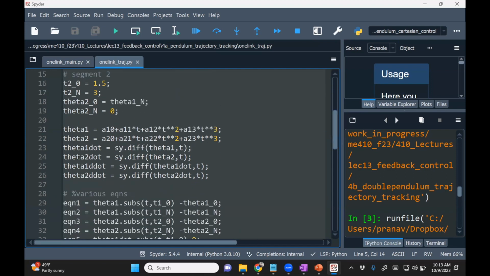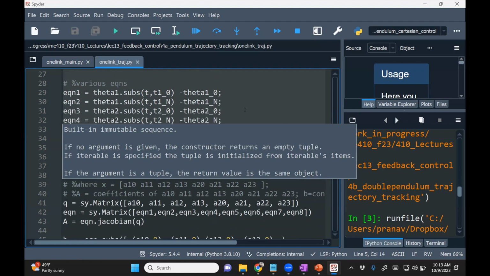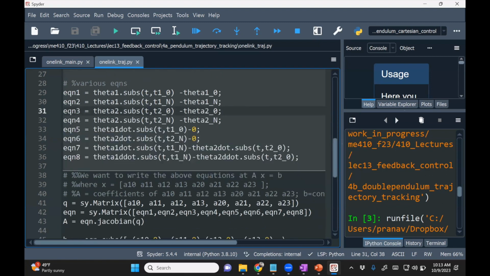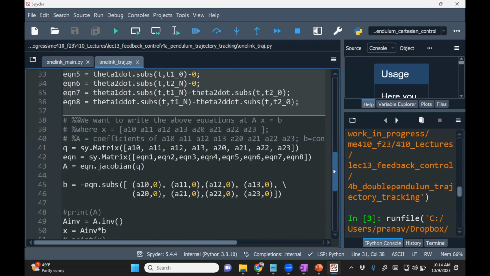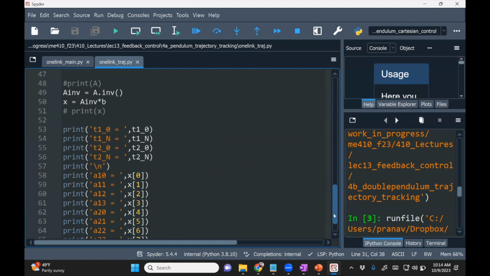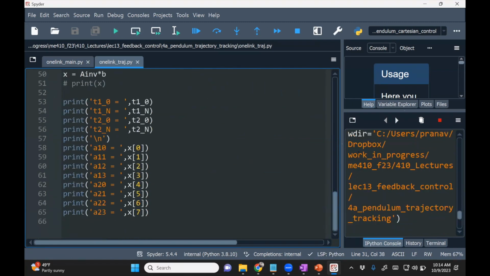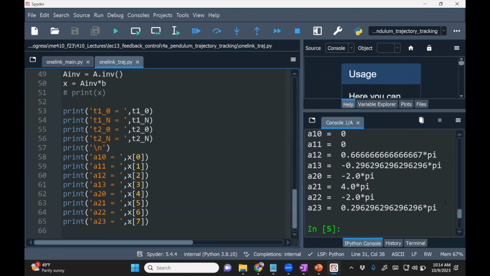Here I compute theta 1 dot, theta 2 dot, and so on. Everything is done symbolically. And then I also end up creating the equations symbolically. So 8 equations for 8 constants. And then you can see that I generate the A matrix, the B, and the result gives you the entire thing.